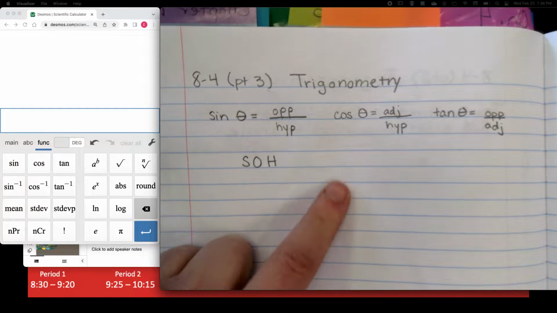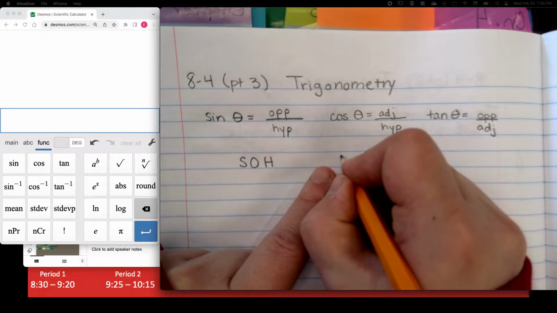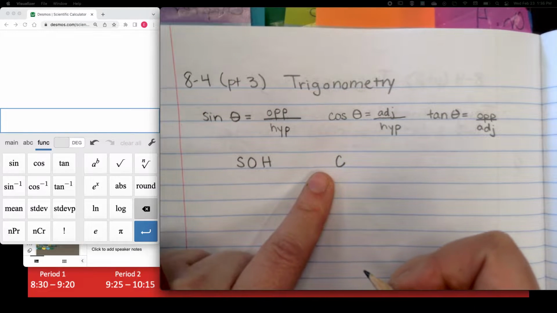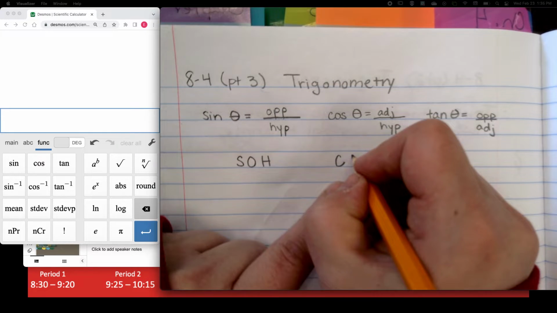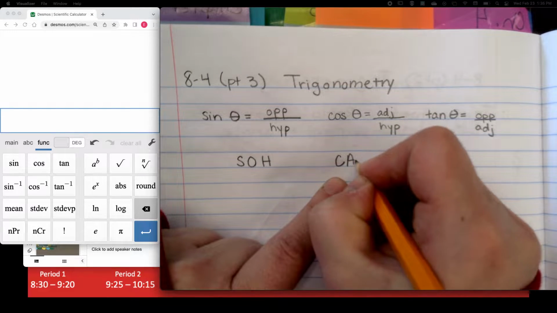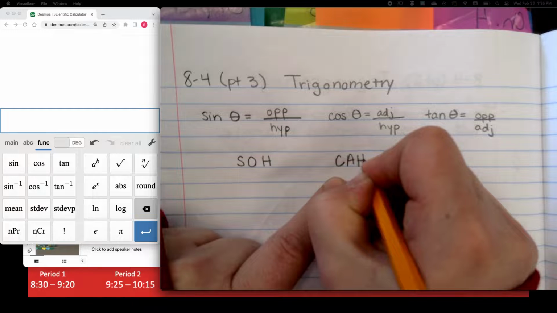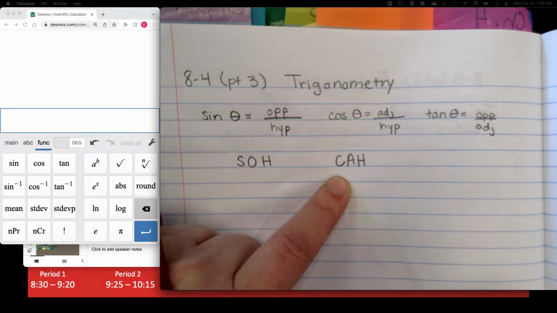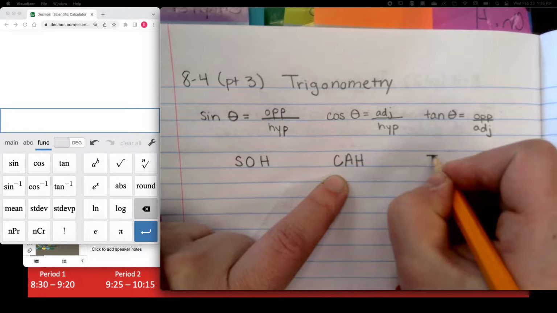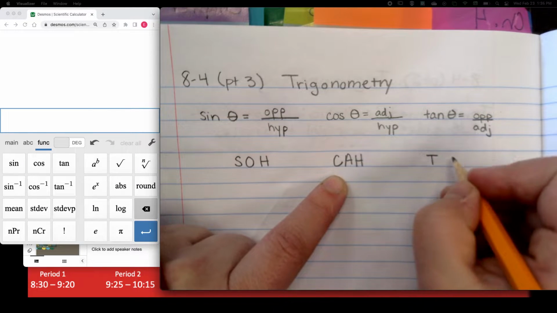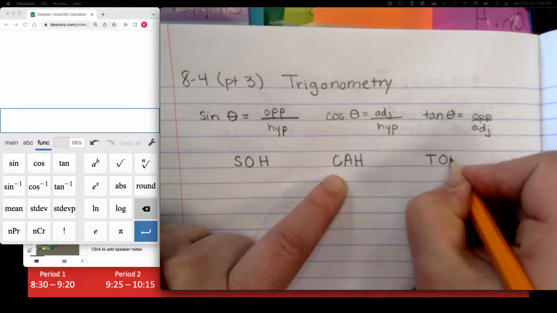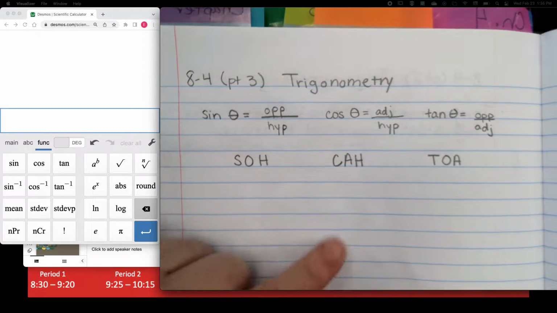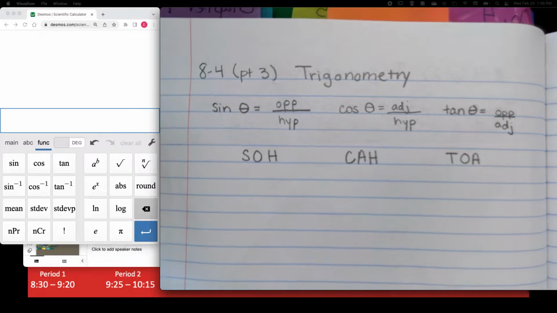Then we're going to do cosine. So cosine is C, and cosine is what over what? Adjacent over hypotenuse. So SOHCA. And then for tangent, T is opposite over adjacent. So we're going to keep that in mind.